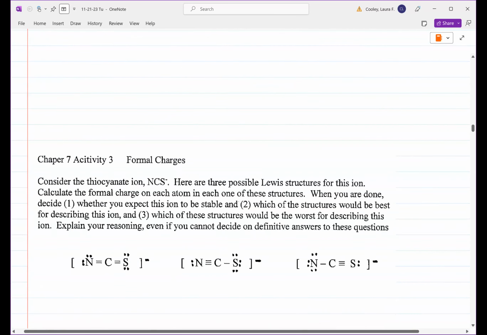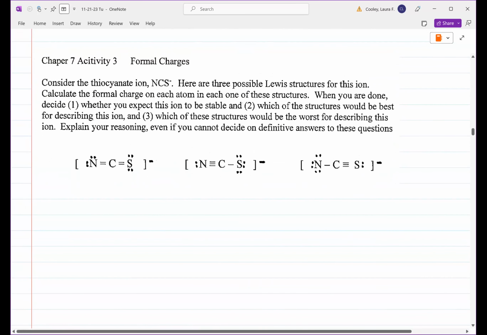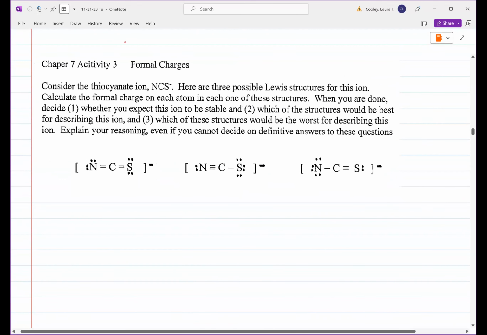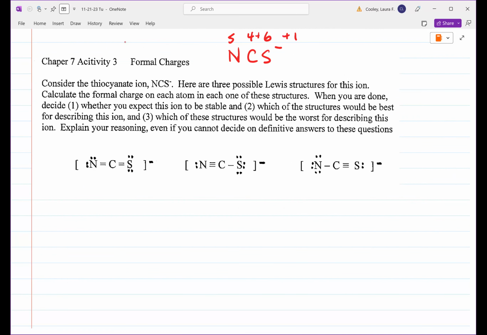So if we go down here, here are 3 different legal Lewis structures for the NCS ion. Let's just make sure we have the right number of electrons. Okay, we have 5 valence, 4 valence, 6 valence, because S is in group 6A, and it's a negative charged ion, so we have to add 1 more.